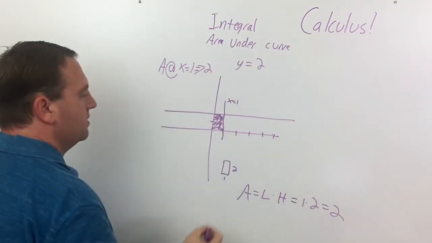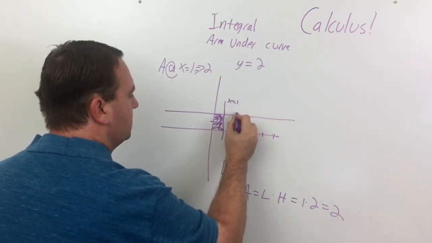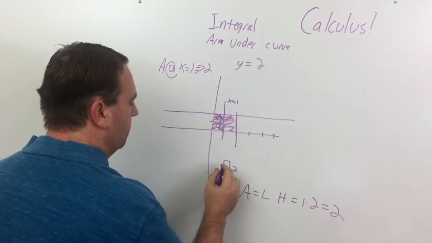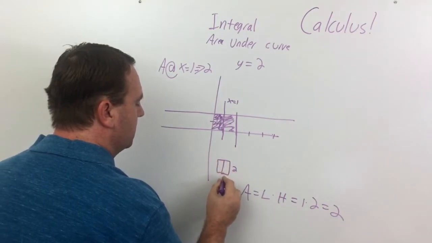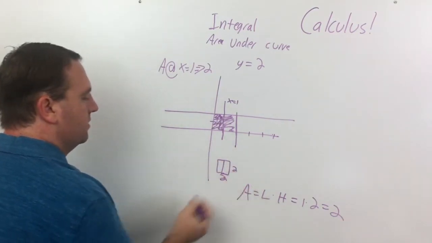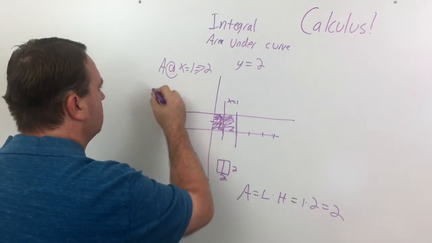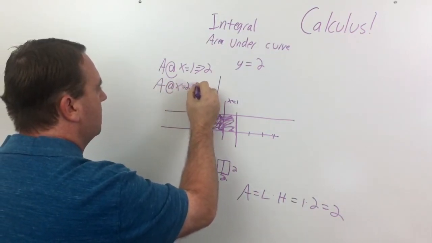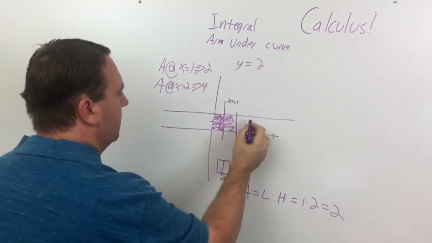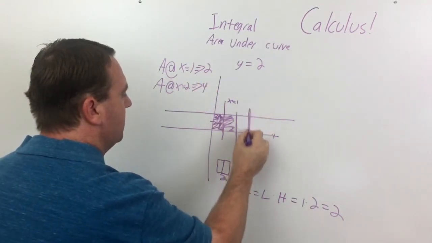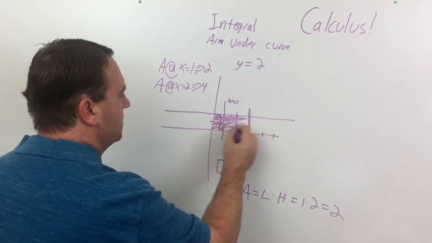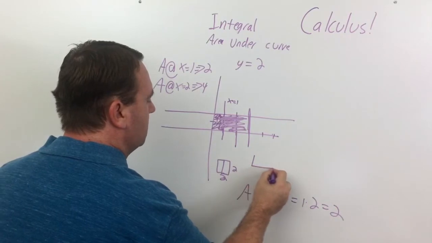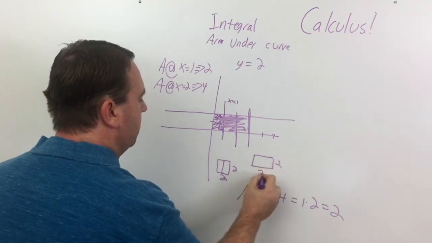Okay, so we can continue this. If I say x equals 2, well, that gives us a perfect square. It's going to look like this. So length times height, and that's going to be 4. So the area at x equals 2 is 4. And then x equals 3, this whole region, it's going to give us a 2 by 3.